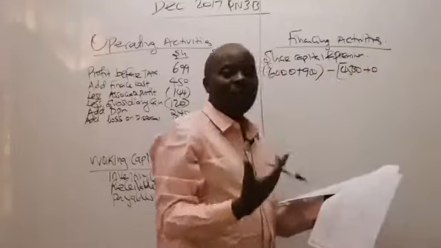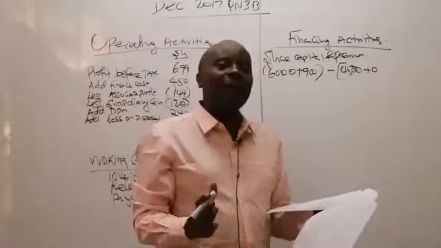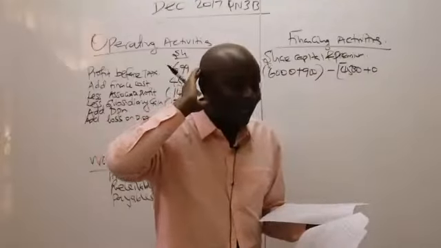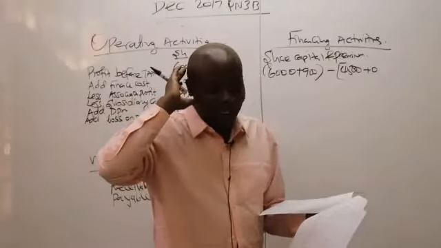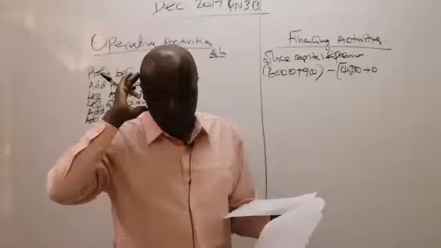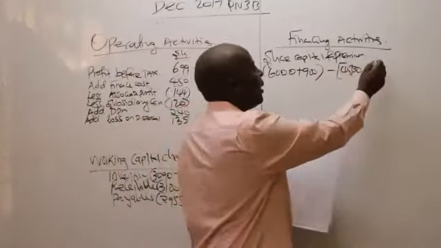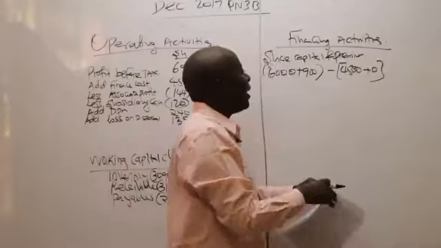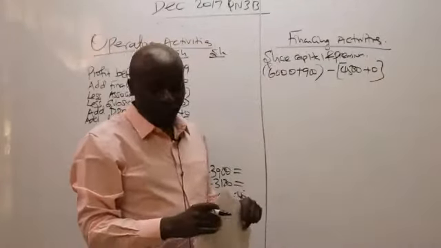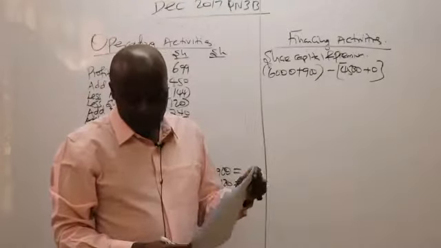Remember when we were consolidating, we only took the share capital of the parent only, isn't it? So that is enough. Give me the figure, what does it come to, somebody?